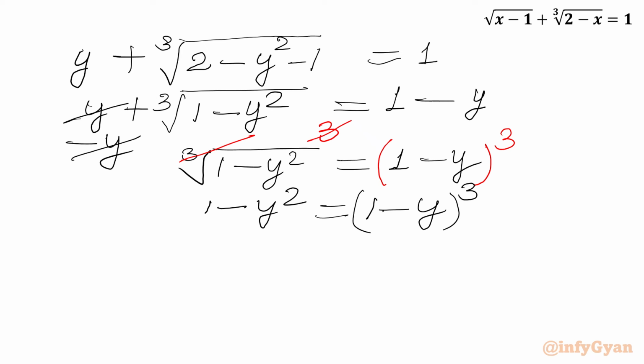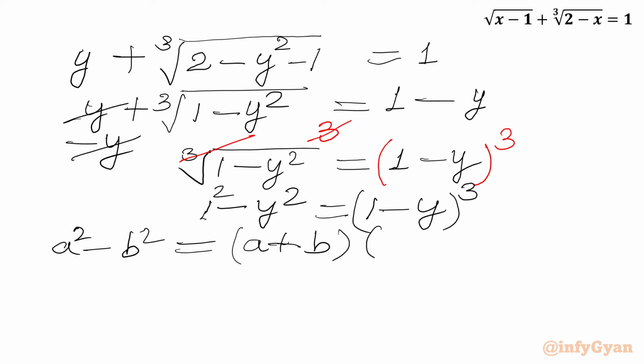Now we are going to use two algebraic identities. One is the difference of two squares. If I write here a square minus b square formula, then this is equal to a plus b times a minus b. And then we'll be writing the a minus b whole cube formula.